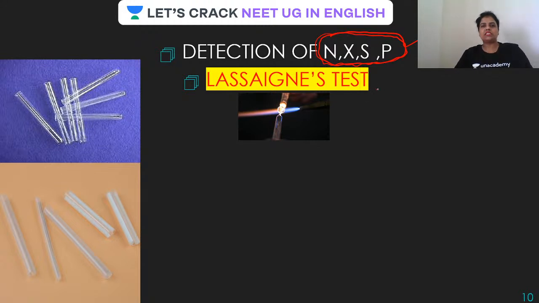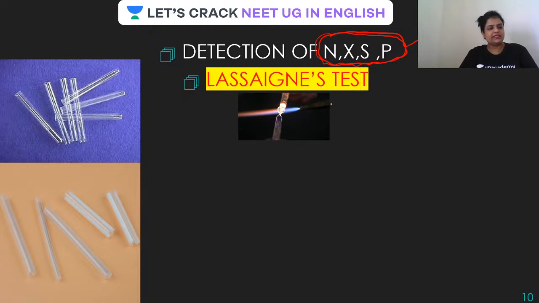So how is it done? There are so many tests, this test, that test. But trust me, the most reliable one is Lassaigne's test. I'm repeating, Lassaigne's test.